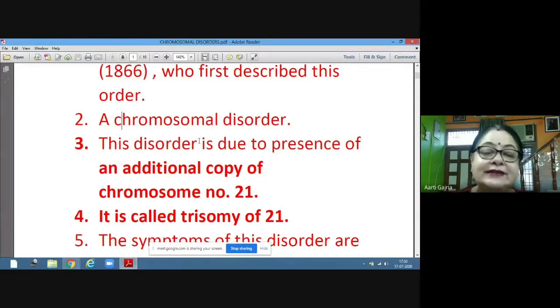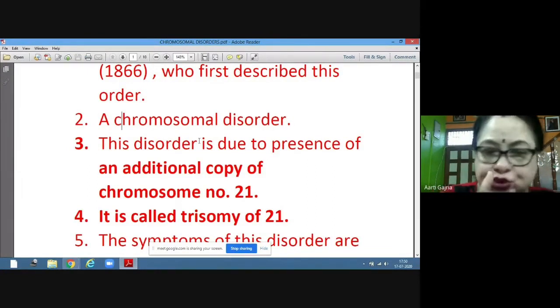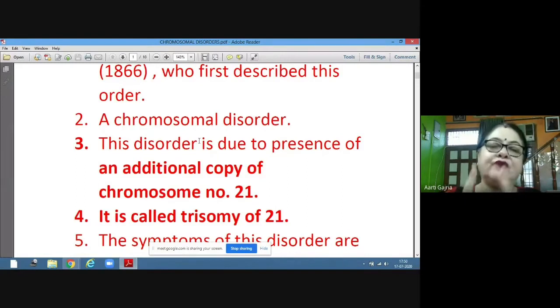That means how many copies are we having? We are having 2 of each chromosome: 2 chromosomes of number 1, 2 of number 2, 2 of number 3. Similarly, we are having 2 of number 21 also. In total, we are having 23 pairs: 22 pairs plus XX in females and XY sex chromosomes in males.